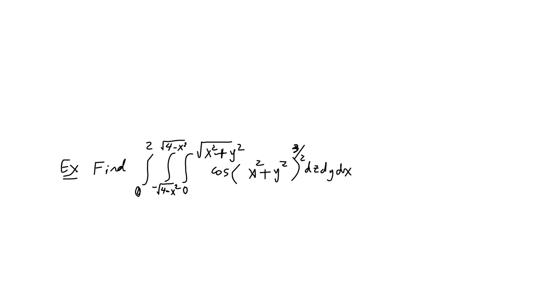Also, if you look at the region, dy dx, this is the upper half of a circle and the lower half of a circle. So we're dealing with circles. The most suitable coordinates to deal with circles are cylindrical coordinates. So we have to use cylindrical coordinates in this case.